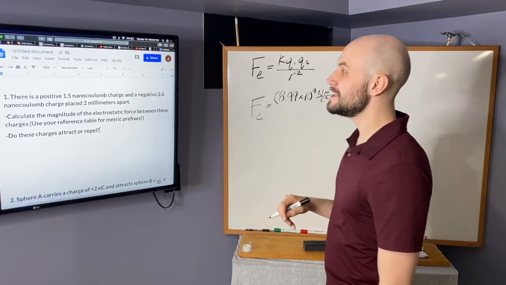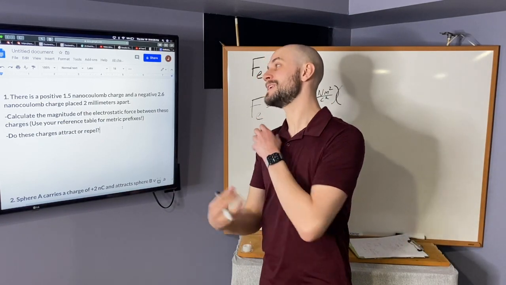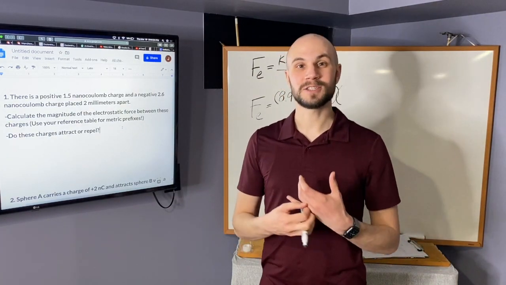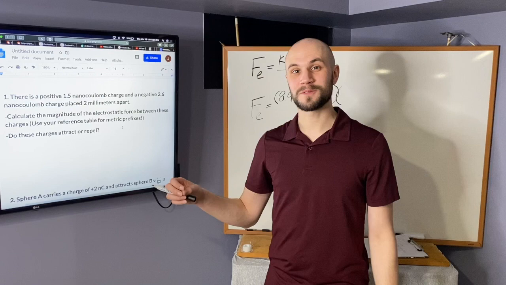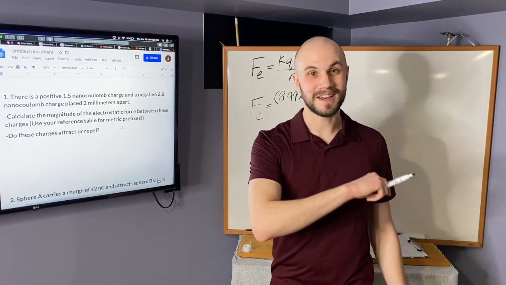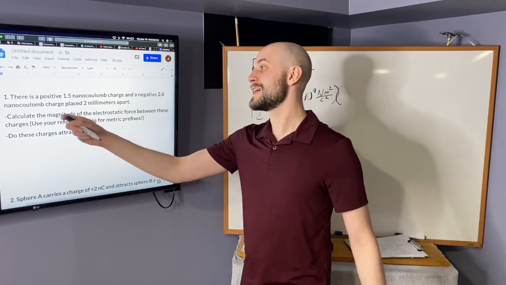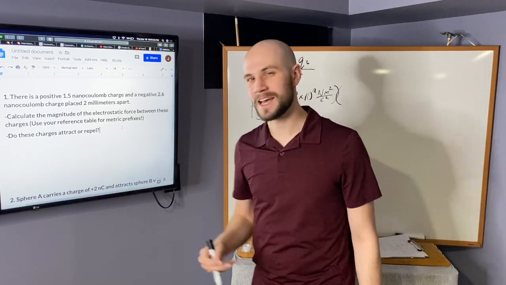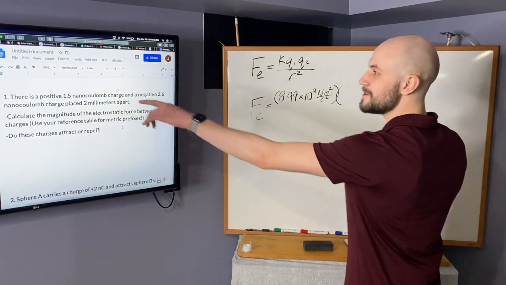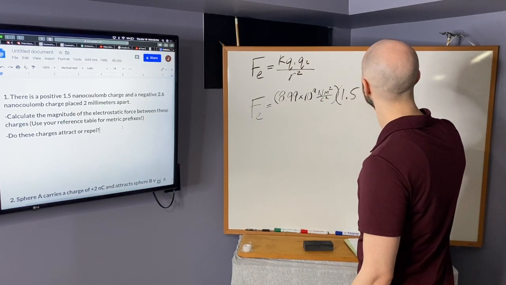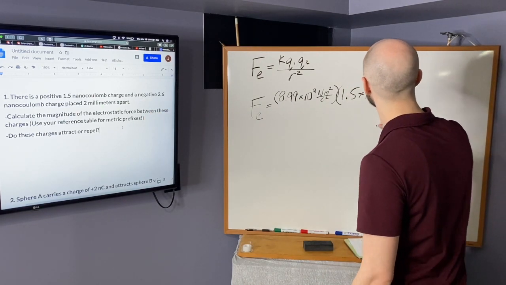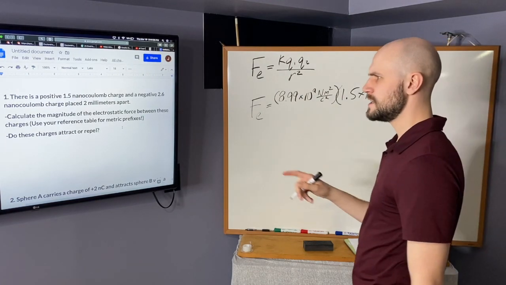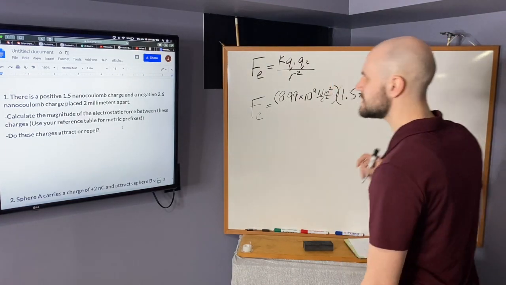Next, we plug in the magnitude of the two charges we have. They gave us the charges in nanocoulombs. In order to make sure we get the correct answer, we can't plug in nanocoulombs into our equation, but if you look at the reference table, you can figure out that 1 nanocoulomb is 10 to the minus 9 normal coulombs. So we have 1.5 times 10 to the minus 9 coulombs multiplied by 2.6 nanocoulombs.